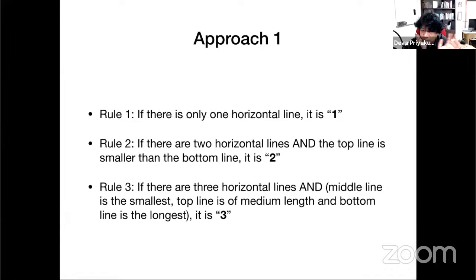I'm not going to give you any rules. You learn yourself how to identify 1, 2, and 3. I'm just giving you examples. I'm showing a lot of images and saying these are the images corresponding to number 1, 2, and 3, and then we have learned ourselves. Nobody told us any rules. That's exactly the difference between traditional computing and machine learning.